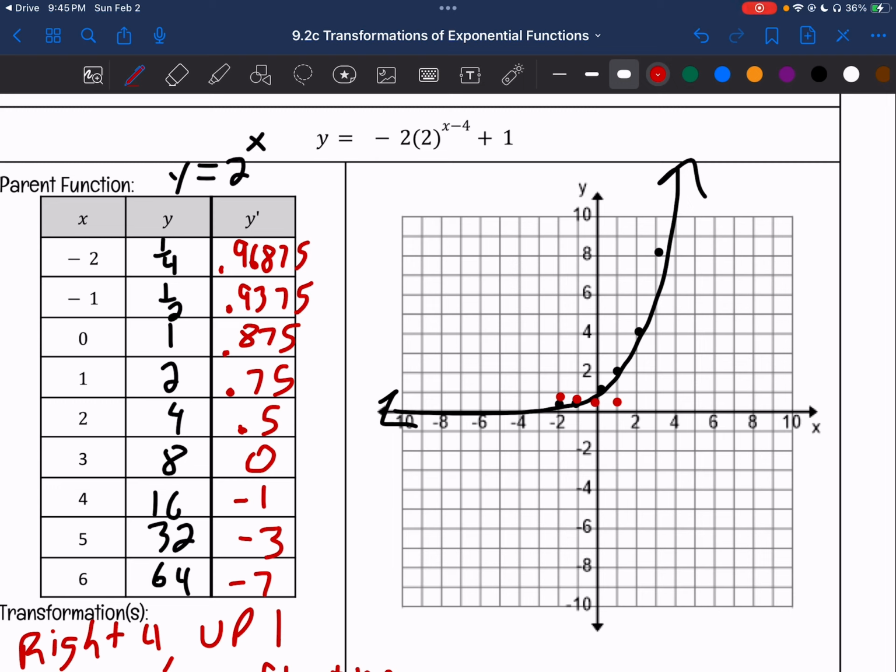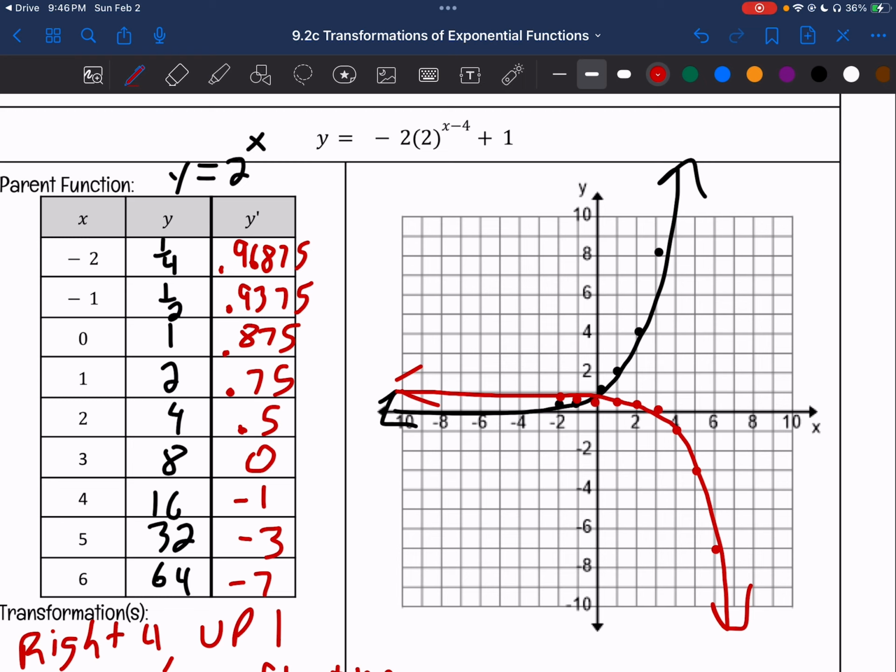Then we were at 0.5, and these are all really rough approximations. 3 gets to 0. That's the first time we're hitting a whole number. 4 gets us to -1. Now we can see how the shape is starting to shake out. When we go to 5, we drop down 3. 6 is down to -7. So you'll see why I added in all those other ones that we weren't going to be able to graph on the original. But now we see our graph looks something like this.